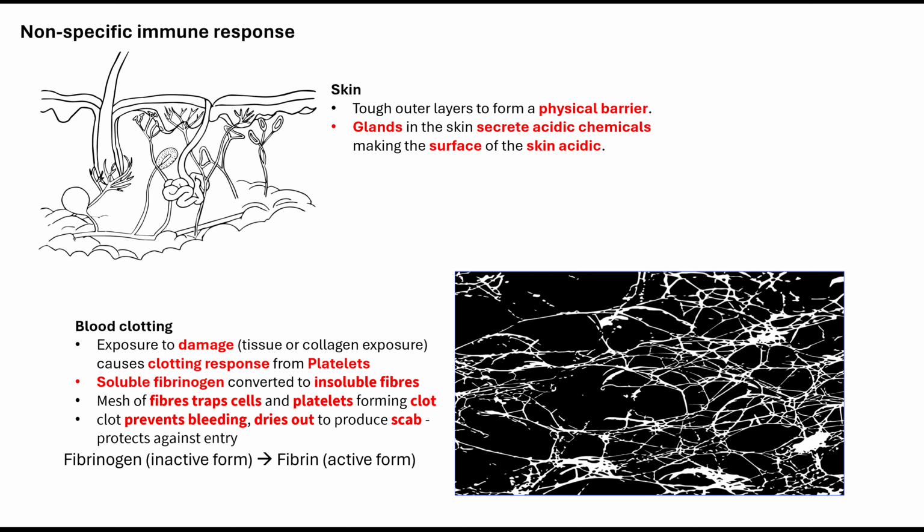So remember, it's a circulatory system that is closed, so we want to maintain that pressure gradient so we can ensure that the blood is transported to where it needs to go. So we need to have this response if there is any damage. Now, obviously preventing that bleeding by producing that clot, when that dries out, that actually produces a scab, and that is there to protect entry from those pathogens.